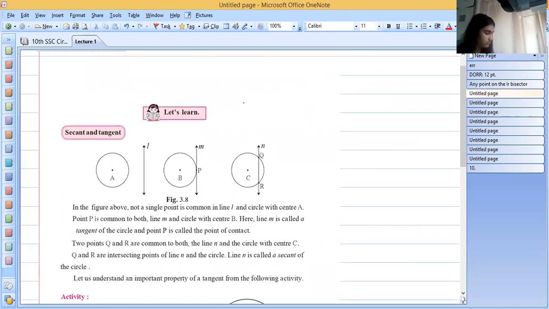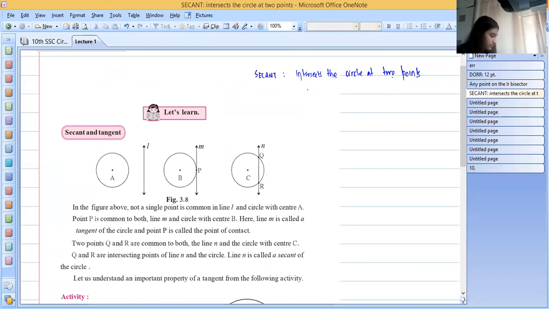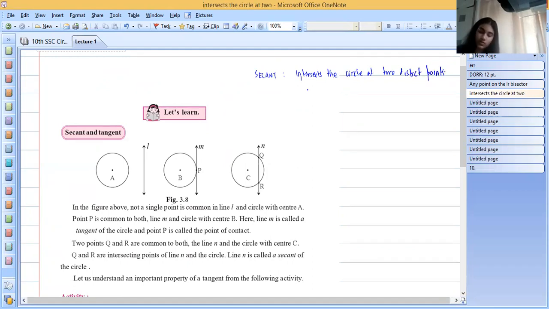A secant intersects the circle at two points which are distinct. We write at two distinct points.